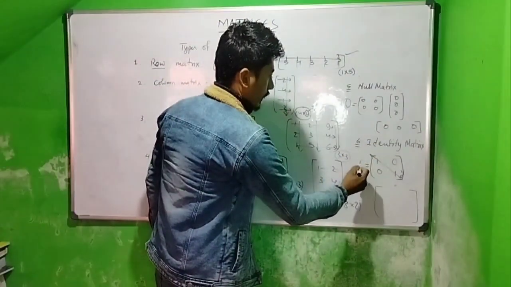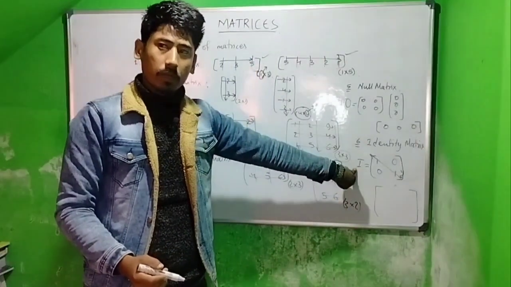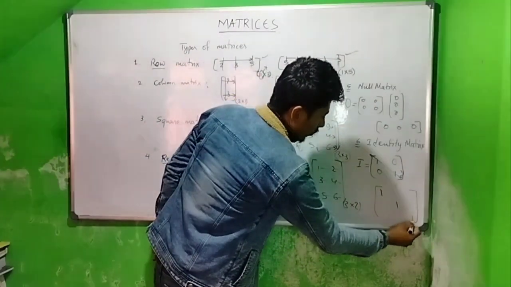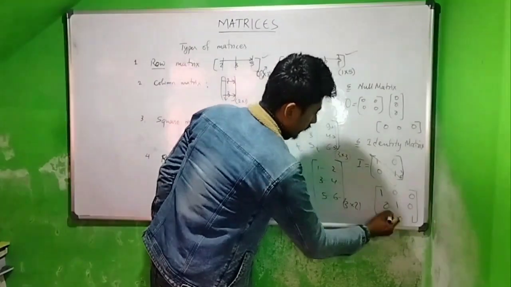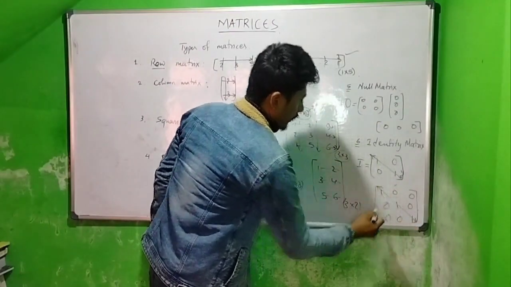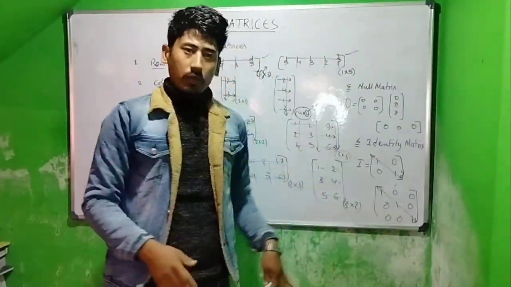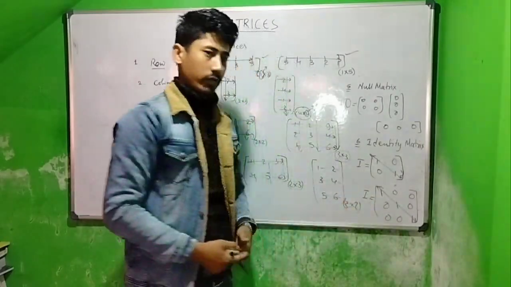They are called identity matrix and denoted by capital I. Similarly, for 3 by 3, if I write 1 1 1 on the leading diagonal and all remaining elements are 0, then this leading diagonal has all elements 1 and all remaining elements are 0. So this is also an identity matrix.